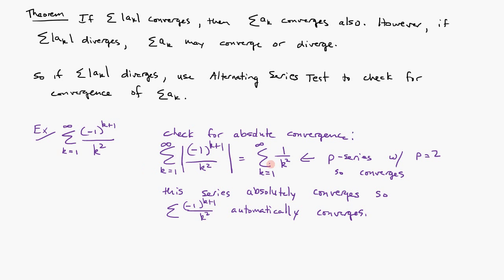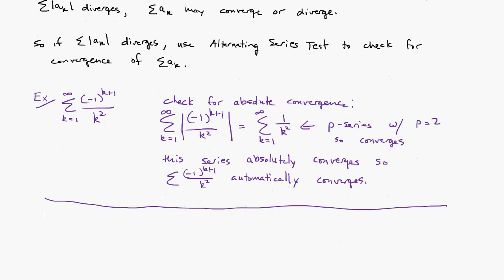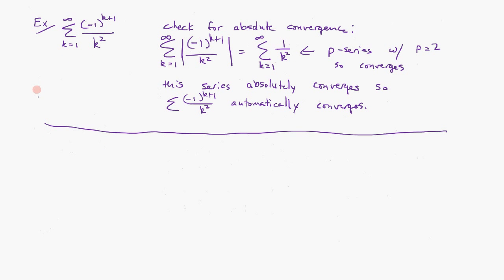However, this sort of trick for absolute convergence doesn't always work. Sometimes the series will not be absolutely convergent. For example, if you take the alternating harmonic series, again, let's check for absolute convergence.